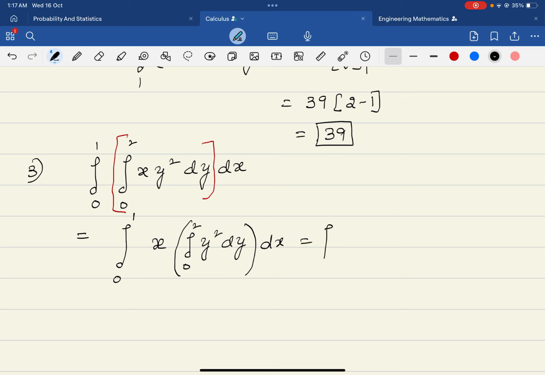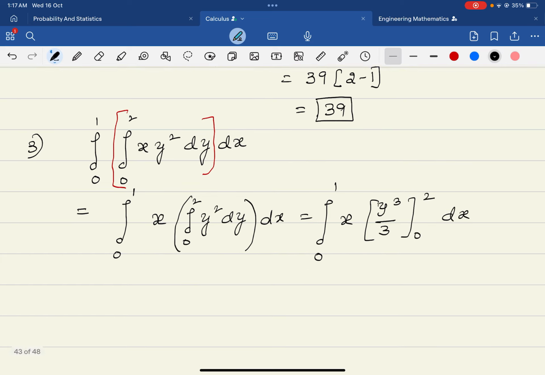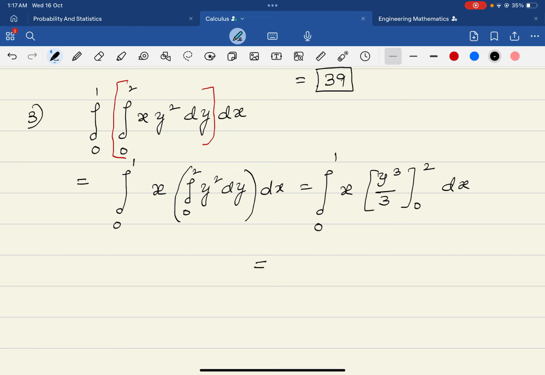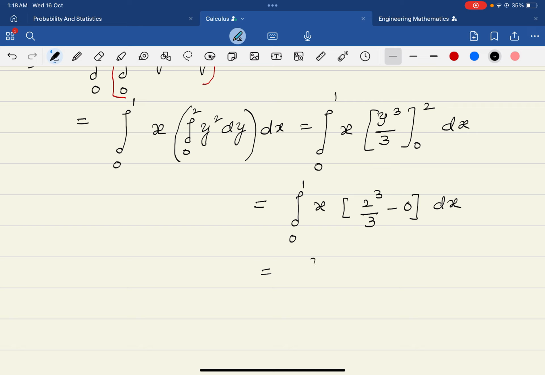Now that is integral of 0 to 1 x times integral of y square, which is y cube by 3, within the limits 0 to 2, dx. And now what does that give you? Integral 0 to 1 x times, the upper limit is 2, so 2 cube by 3 minus the lower limit 0, dx. 2 cube means 8, right?